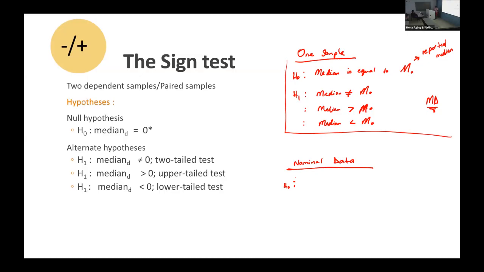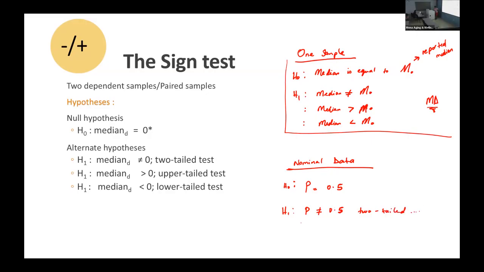So 50% chance that this happens. So under the null, the probability is equal to 0.5. And then the alternate is that your probability is not equal to 0.5. So this is for two-tailed analysis.